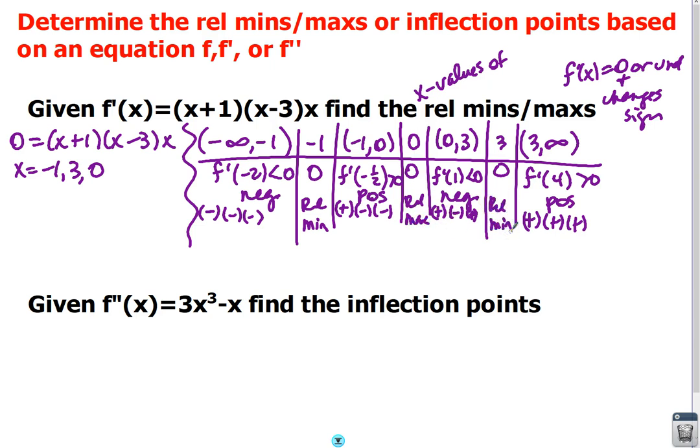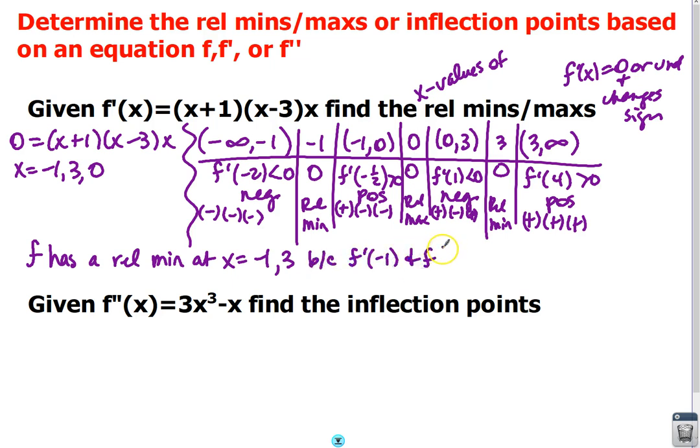In this case, when they want us to find the x values, f has a relative minimum at x equals negative 1 and at 3, because f prime of negative 1 and f prime of 3 equal 0.